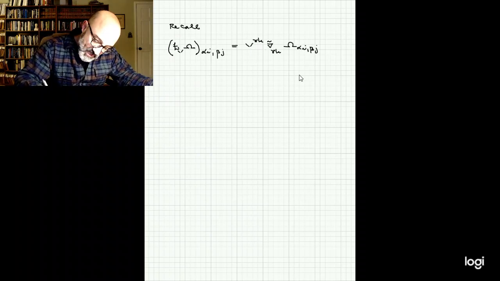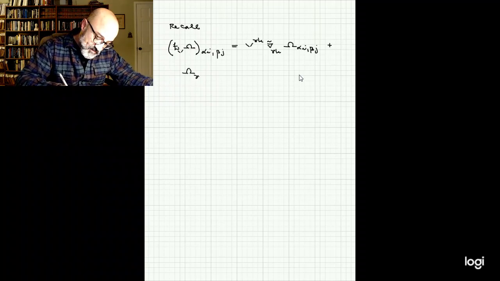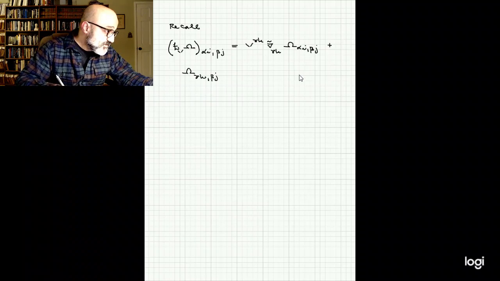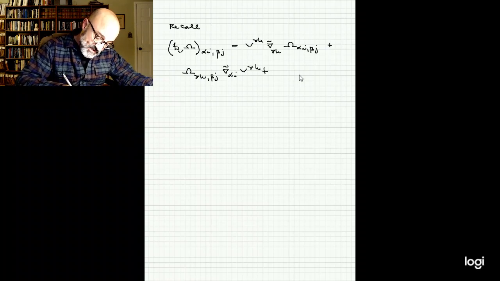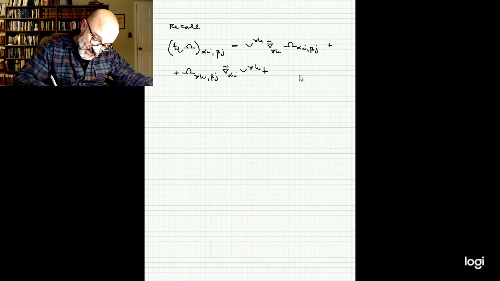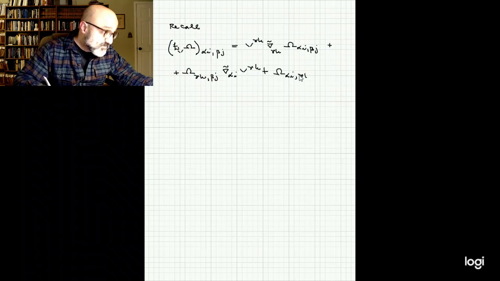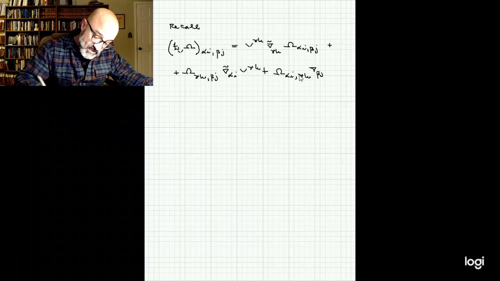Next, we add this, which is going to be omega gamma k beta j, gradient alpha i of v gamma k, plus, all these come with plus signs, omega alpha i gamma k, gradient beta j of v gamma k. And that's it.